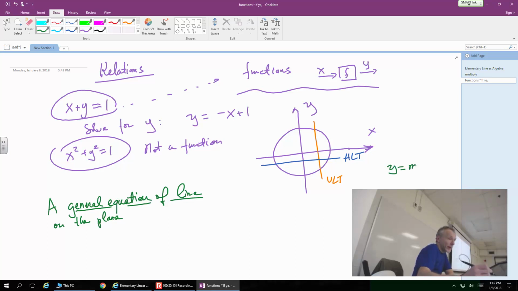So y equals mx plus b is an equation of a line, but it is missing the vertical lines. So to take care of those, we write them implicitly. Remember? ax plus by equals c.